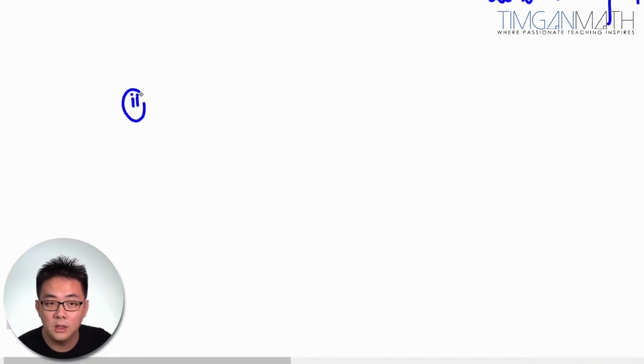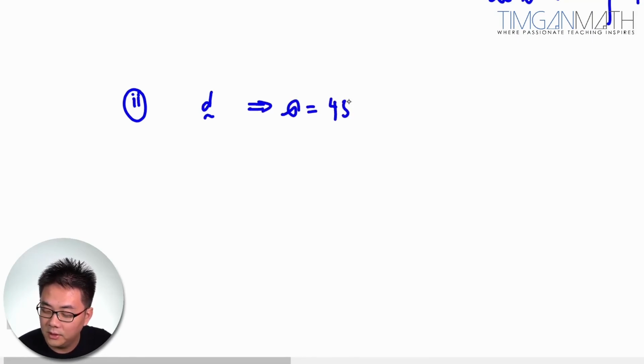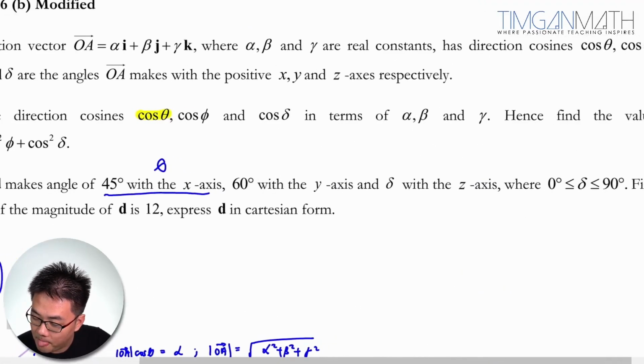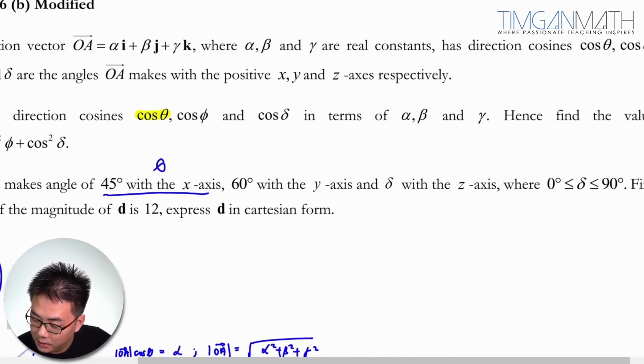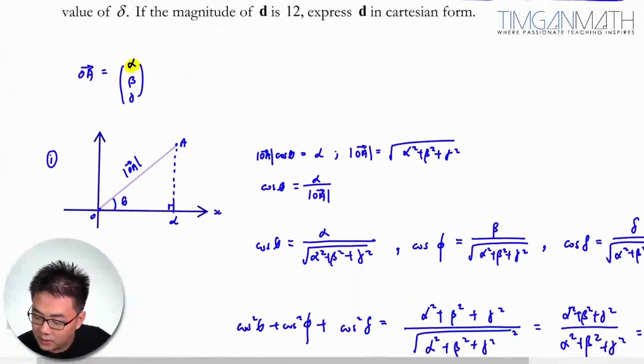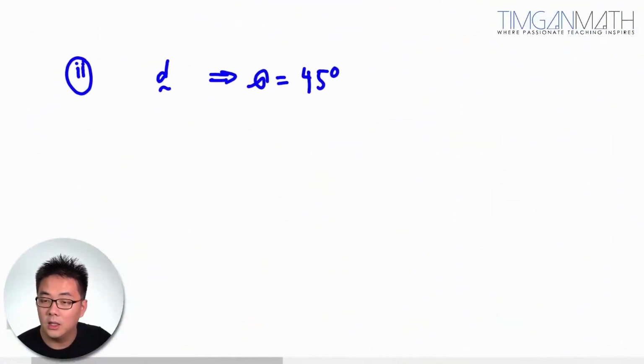First, just write everything down. Theta is 45 degrees with respect to the x-axis, this is phi, and this is sigma.